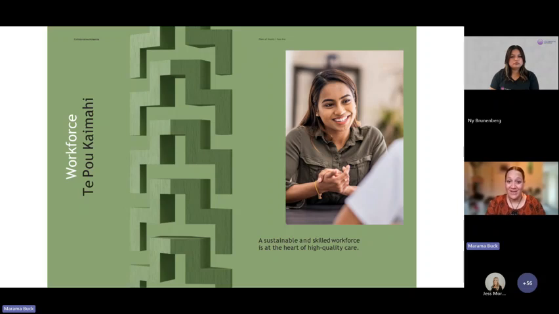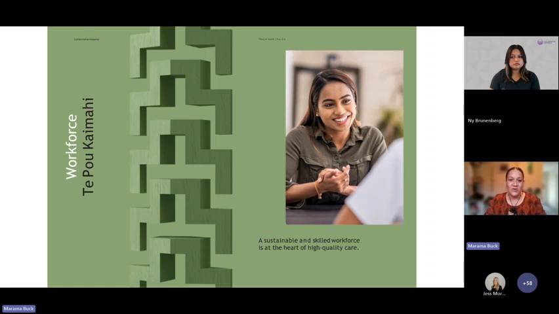So we know that the retirement age, or people who are close to retirement age, will have an impact on our practices giving care, and also that the people who are in our workforce feel supported and excited to be part of the primary care community.